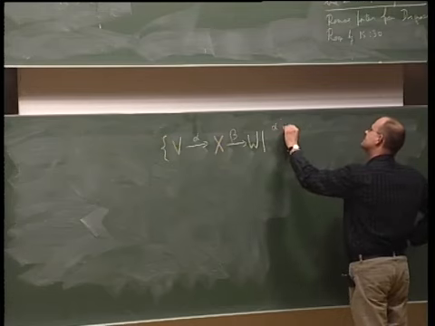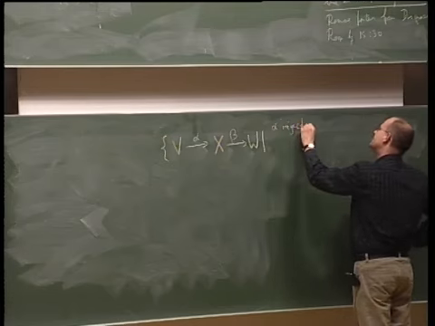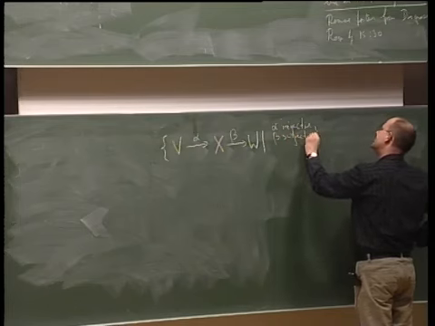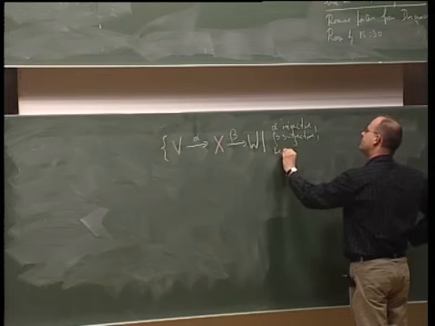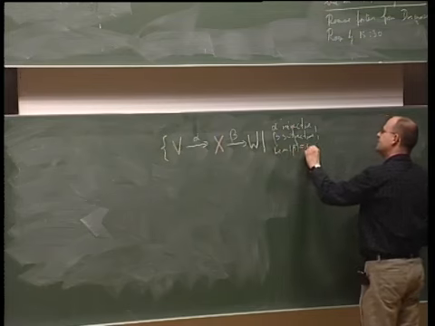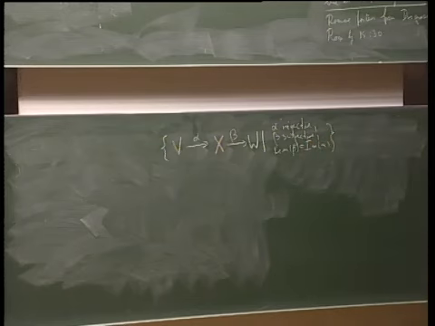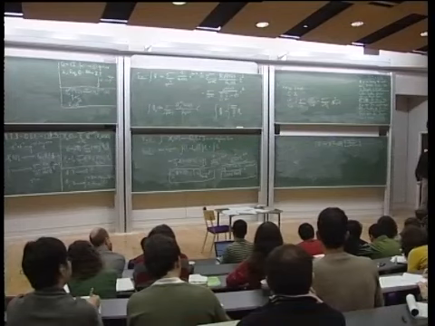So alpha is injective, beta is surjective, and kernel of beta equals the image of alpha.